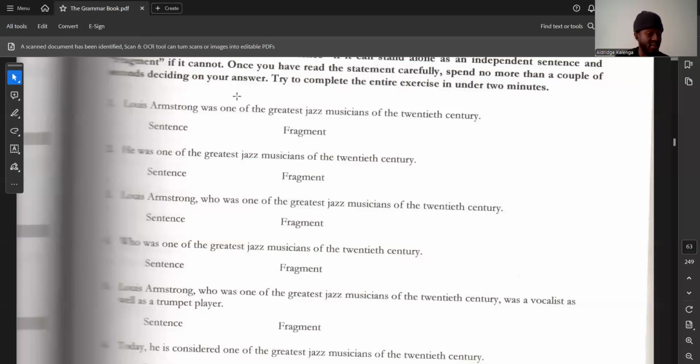So the third clause: "Louis Armstrong, who was one of the greatest jazz musicians of the 20th century." Sentence or fragment? Fragment.